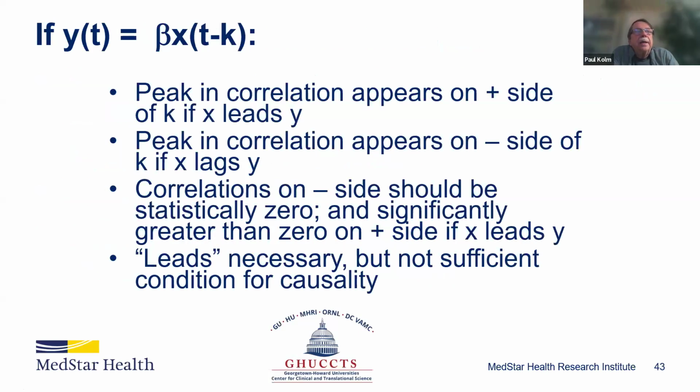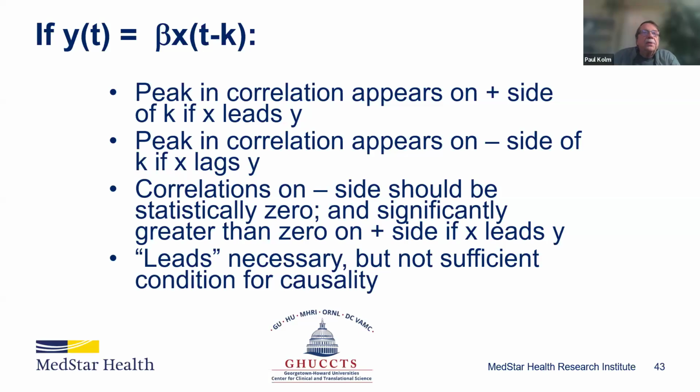So if the peak in correlation of the cross-correlation series appears on the plus side of K, then we can say that X leads Y, or in our causation, that X causes Y, again, as a necessary but not sufficient condition.